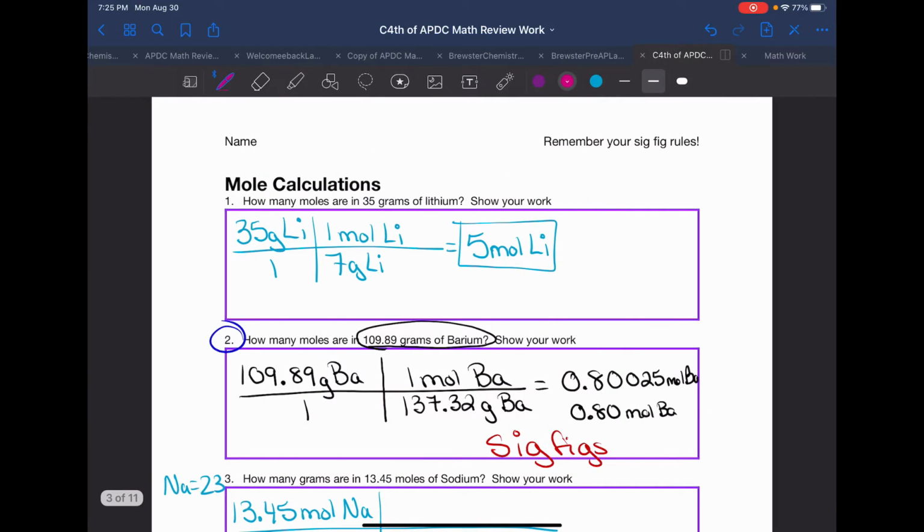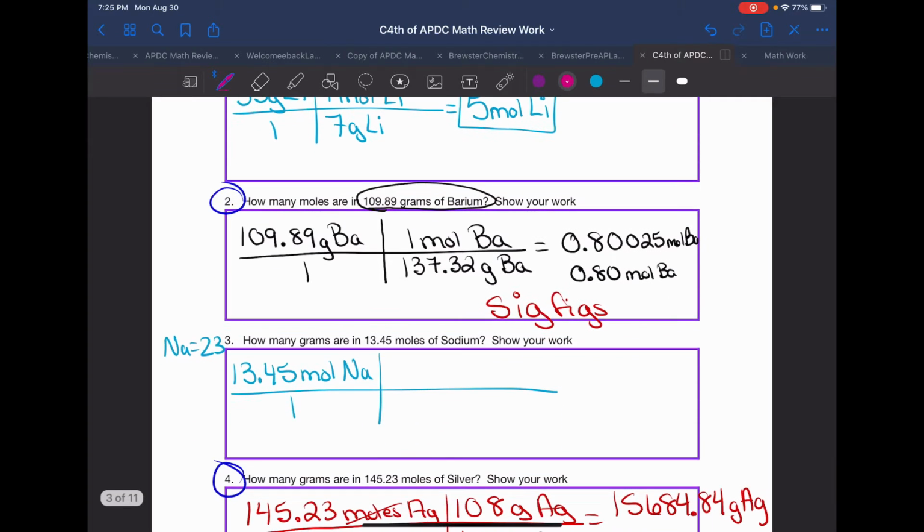And then we had mole calculations. These were strictly one-step calculations, just to get you going again on it. I left number 3 here, so let's finish this one out. We have 13.45 moles of sodium. Sodium's mass off of the periodic table is 23. And yes, this is going to be a really, really large number.